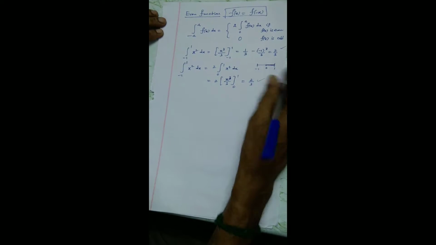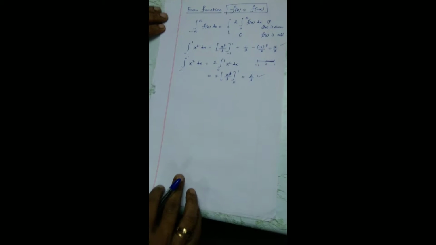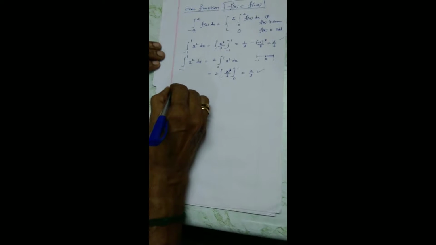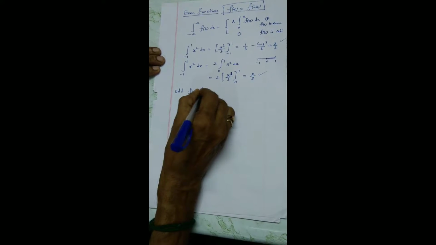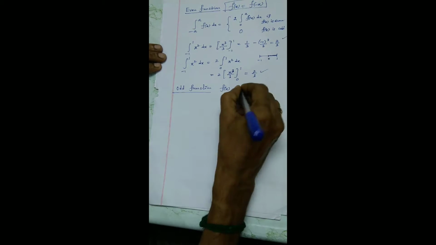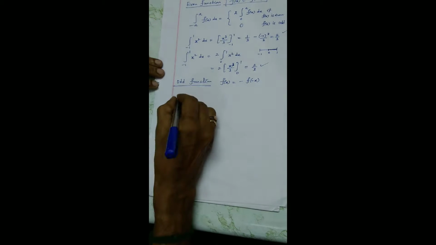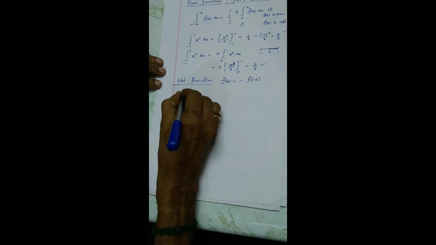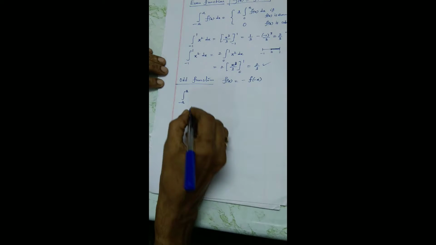Now, this one is direct integration, and the other I am using the property. Similarly, for an odd function, f of x equals minus f of minus x. Let us take a very simple example, minus 1 to 1, or you take minus a to a, no problem.